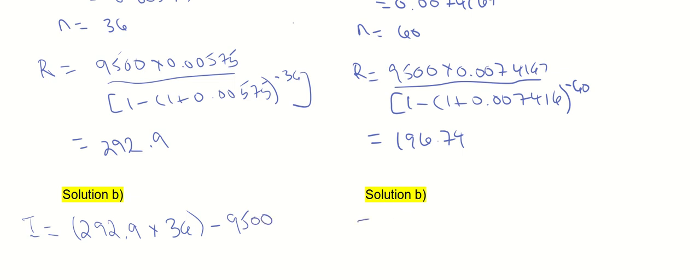And over here is this one as well. The regular payment here is 196.74, or 74 cents. And how many periods are there? There are 60 periods, so you're making 60 payments. And we're going to subtract that by the present value.